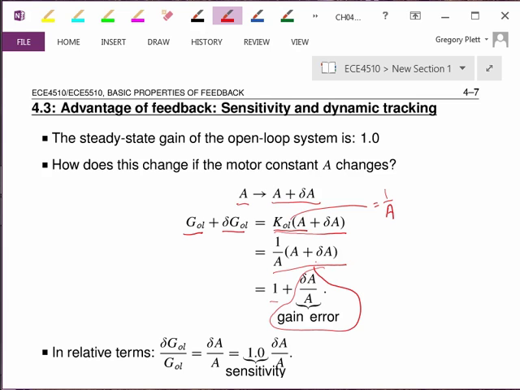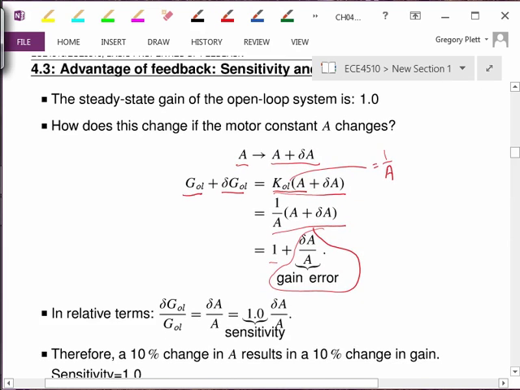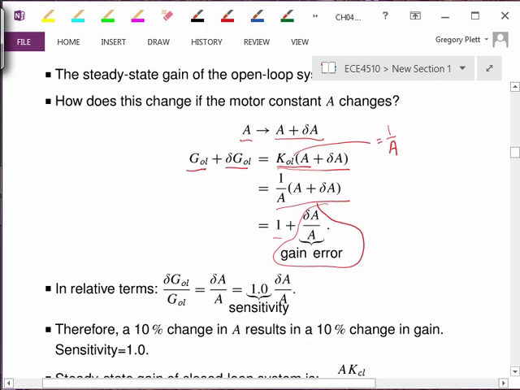That's in absolute terms. In relative terms, kind of like a percentage-like term, we could think of what the change in gain is divided by the gain that I designed for. So the change in gain is this delta A, designed for A, and we can think of that as 1 times delta A over A, where this is our sensitivity factor.